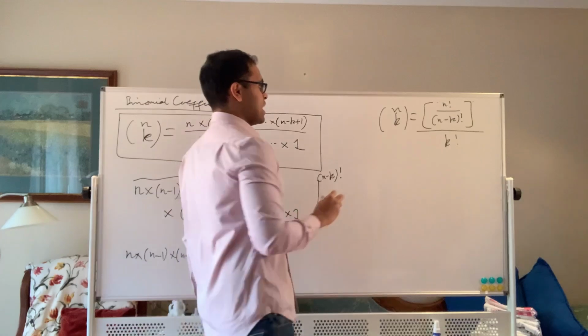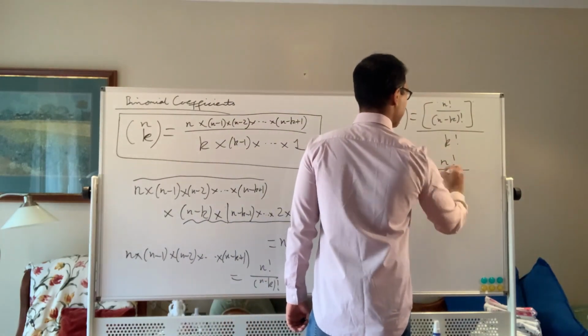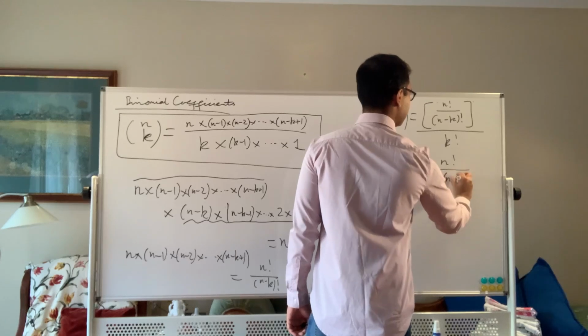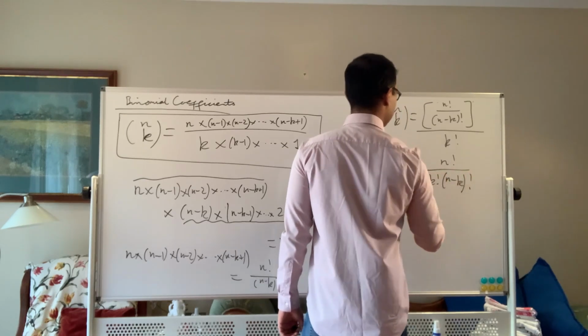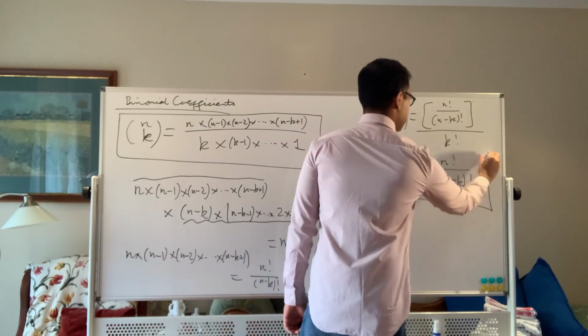And now, when you have fractions, you can write it out in the following way. N factorial over k factorial times n minus k factorial. And this is the magic formula for n choose k that you see everywhere.